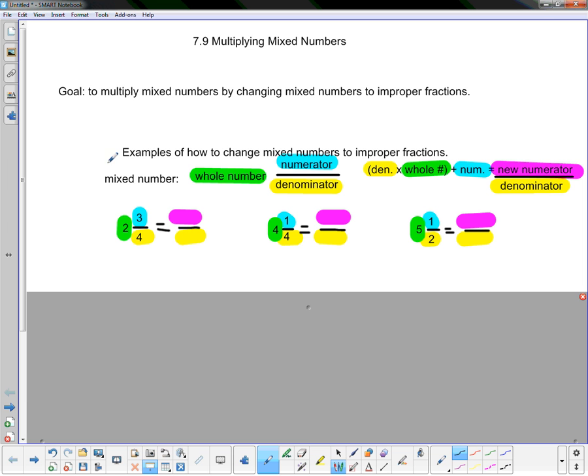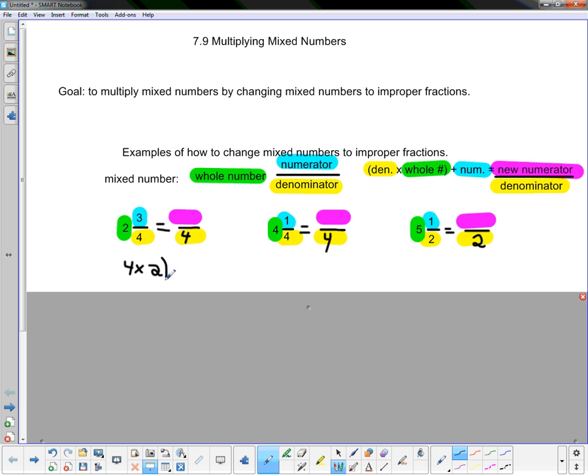So the first thing I'm going to do is change that first part so I don't forget that my denominators stay the same. And then I'm going to solve it this way. I have my denominator, so let's start over here. We've got 4, and we're multiplying it by our whole number.